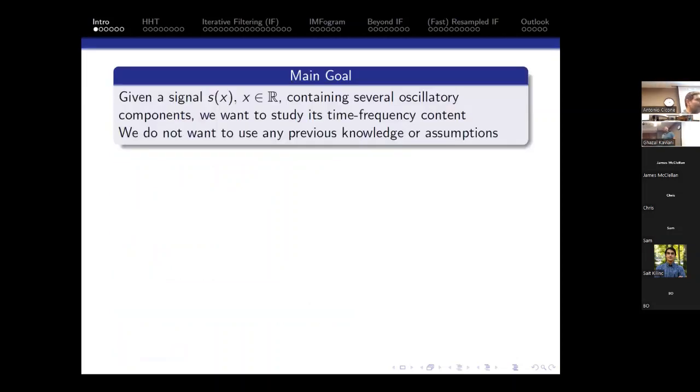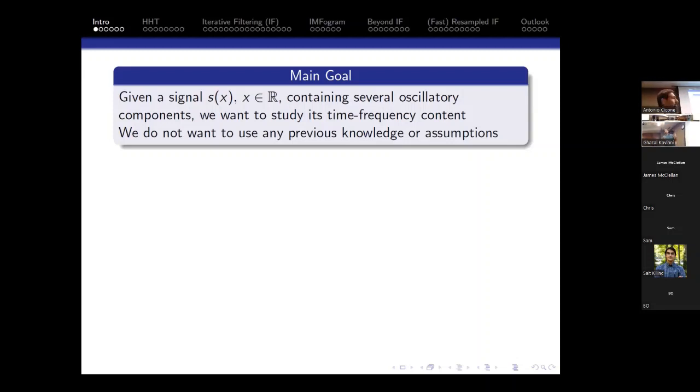It all starts with a signal, a measurement. In this presentation, I'm going to focus on 1D signals, even though most of the research can be extended to higher dimensional or multivariate, so multi-channel signals.